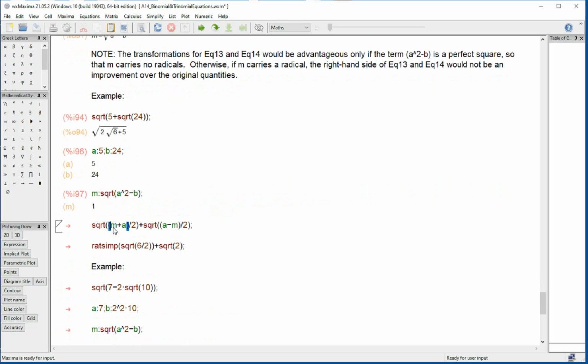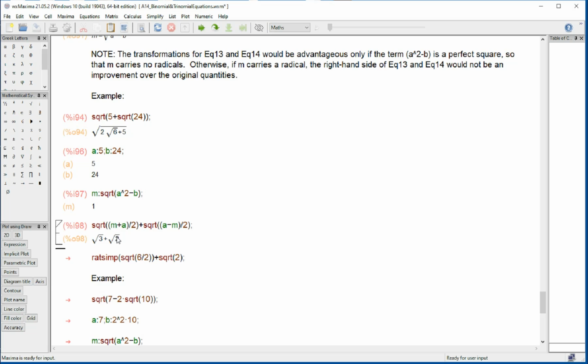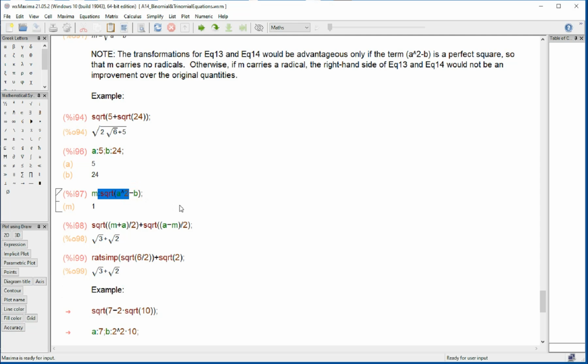M will be equal to 1, and then the result will be the square root of this, which is the same as saying the square root of 6 over 2 plus the square root of 2. And so we were able to convert this result into this just because m happens to be a perfect square.